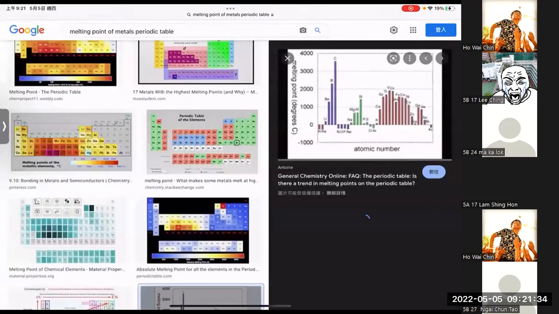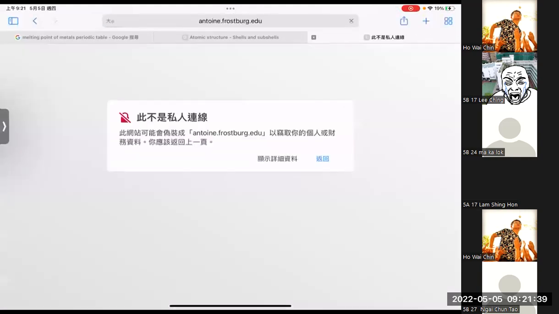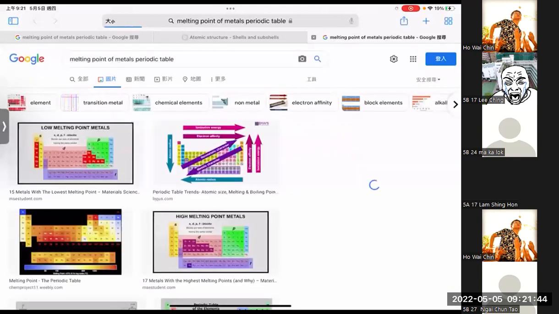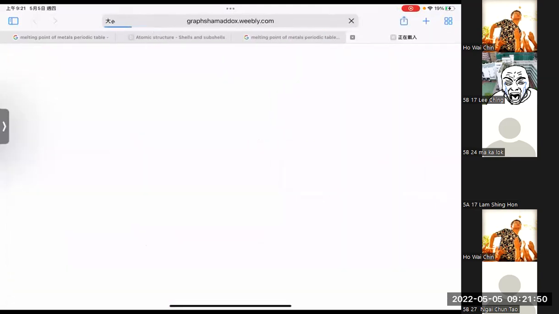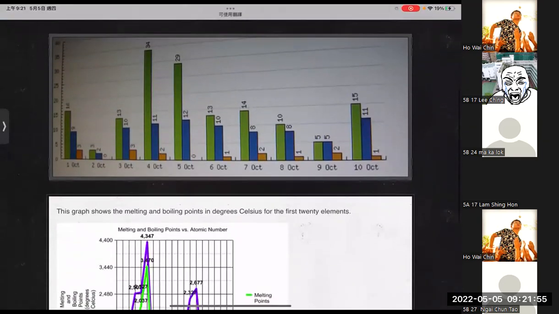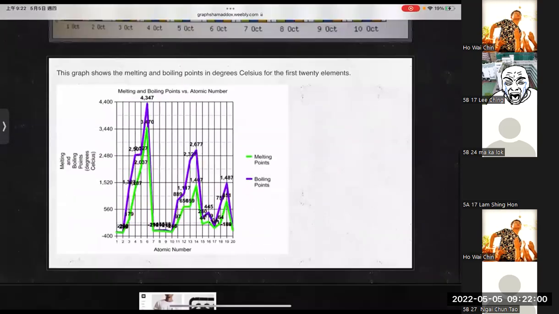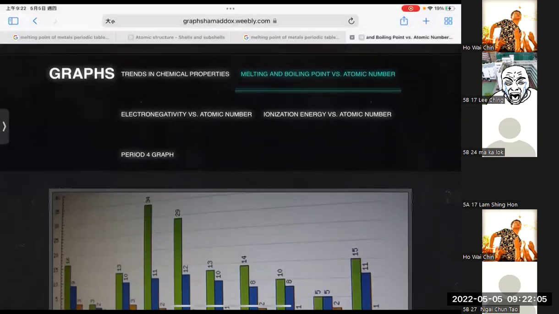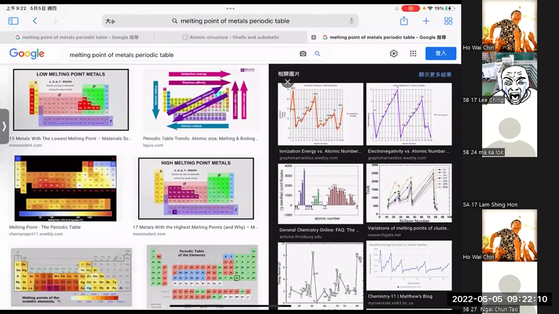Again, we try to take a look at this graph. This one would help. Oh no, this one is not. This one. How about this? You may find that you have got just atomic number 1 to 20. Now you have got the periodic pattern, but we would like to check on transition metals as well.